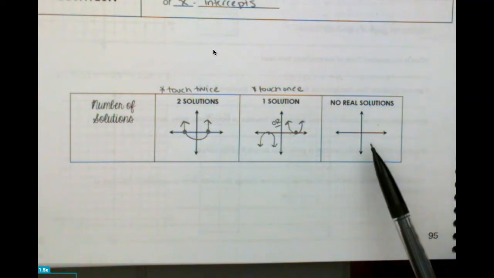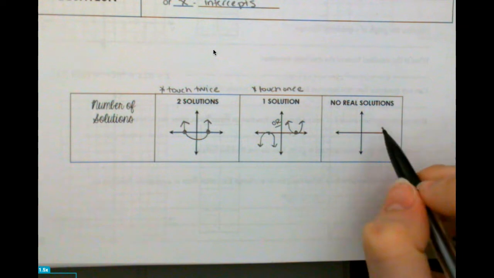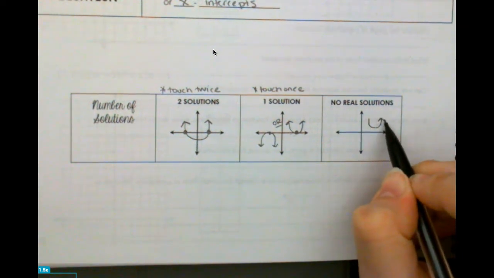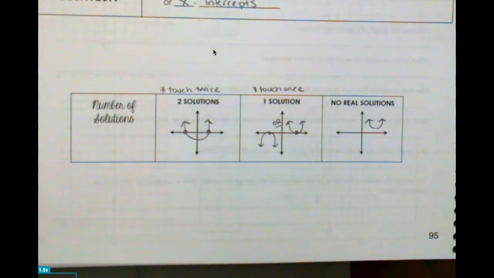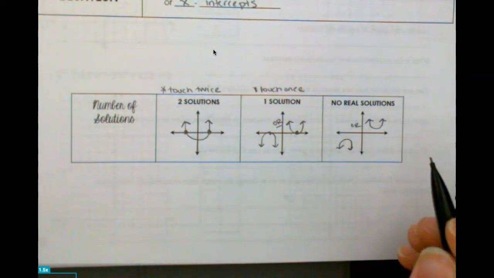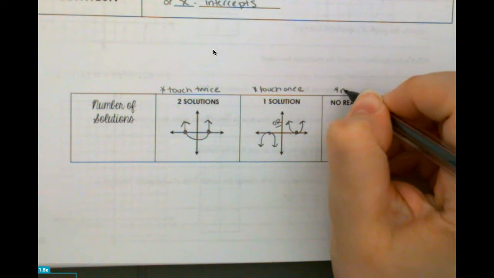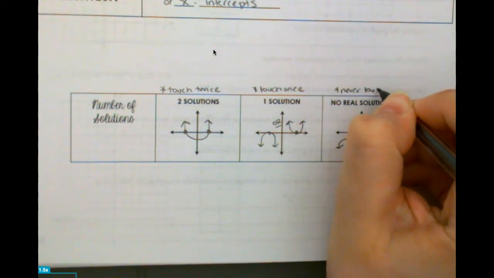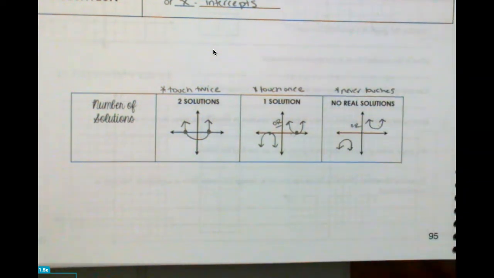We can also have a quadratic function that has no roots, that has no solutions. And that's going to look like a parabola that just exists in a quadrant. Something like that, or maybe something like this. It never touches. So it's very possible that your graphs may not have solutions.